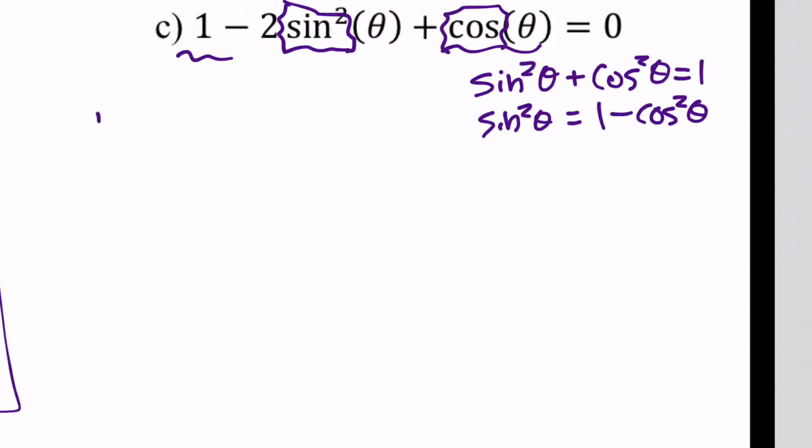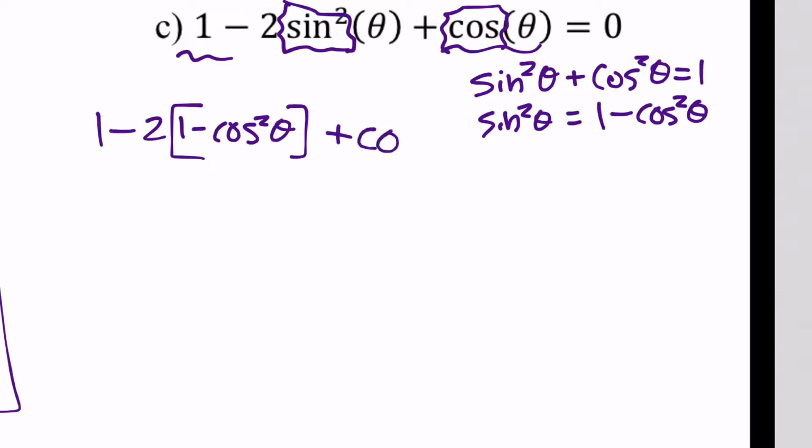So I can rewrite this equation, except instead of writing sine squared, I'm going to write 1 minus cosine squared of theta. And it is important that I put it in brackets or parentheses like that because I will need to distribute that minus 2. So then I'll have my plus cosine of theta equals 0, and now let's simplify.